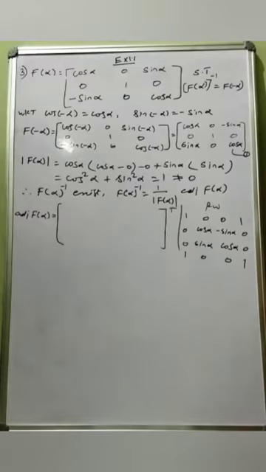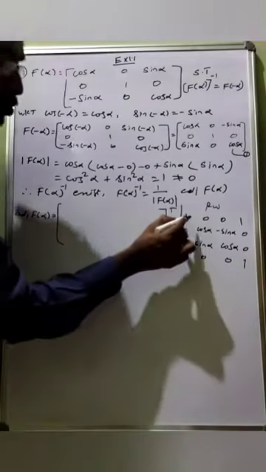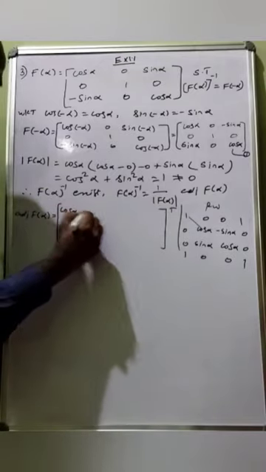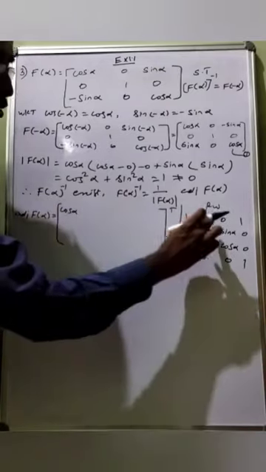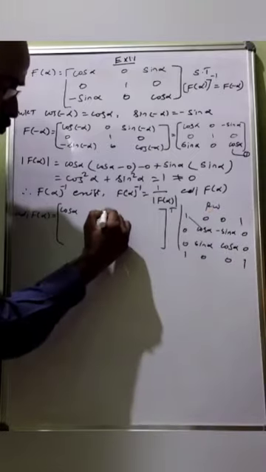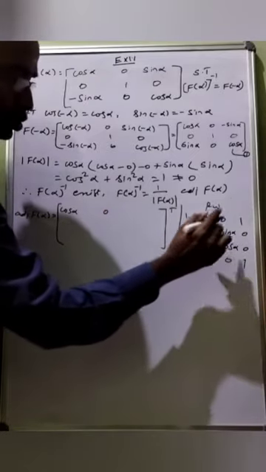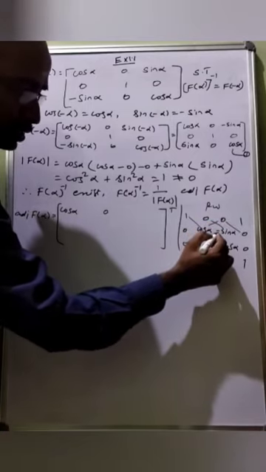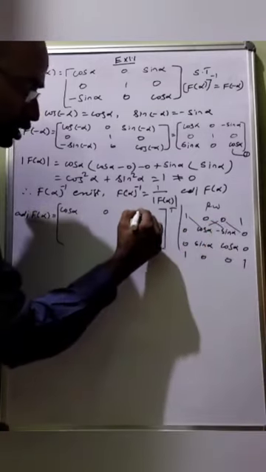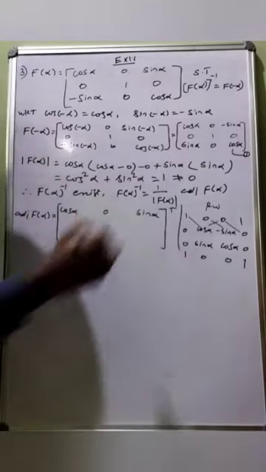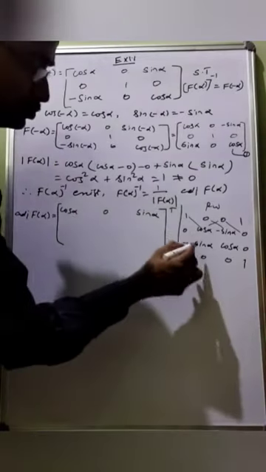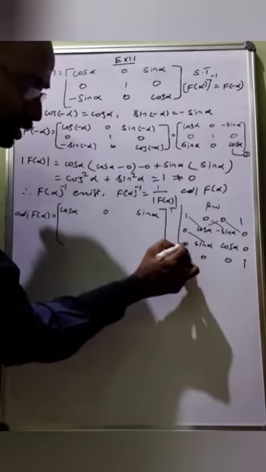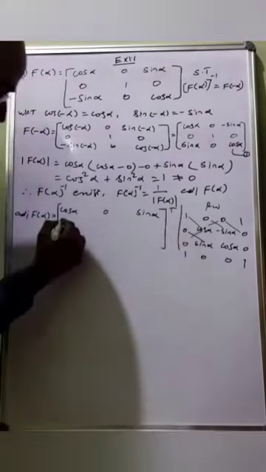Now find these values. First multiply: 1 into cos alpha minus 0, no need to write. Then 0, 0, 0 minus 0. Then 0 minus sin, so minus times minus gives plus sin alpha. Next is 0, sin alpha, 0, minus 0 into cos alpha, 0.